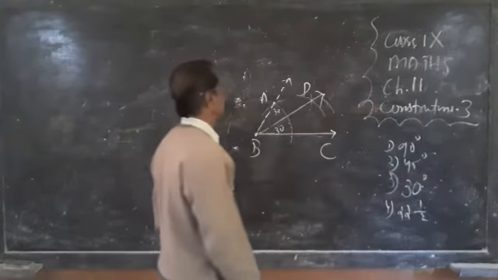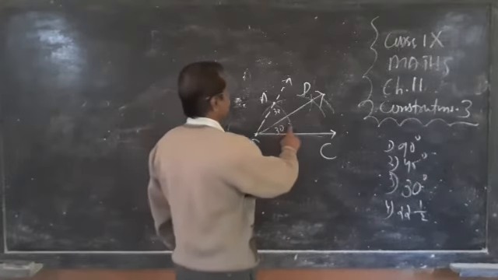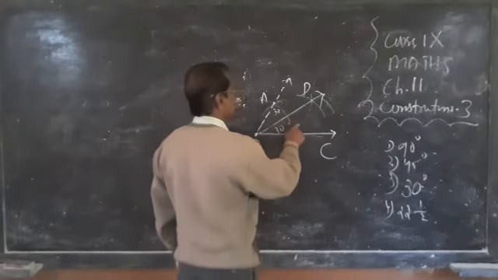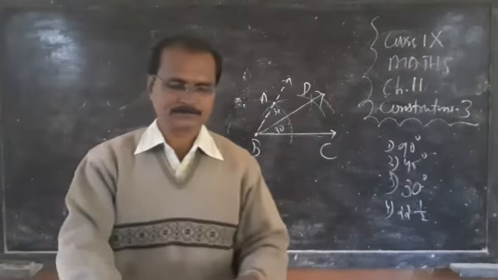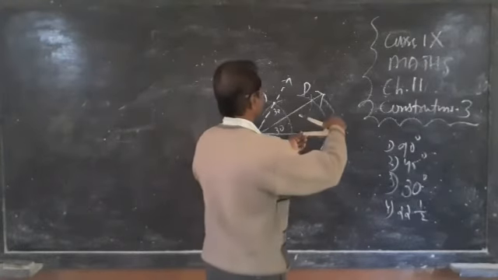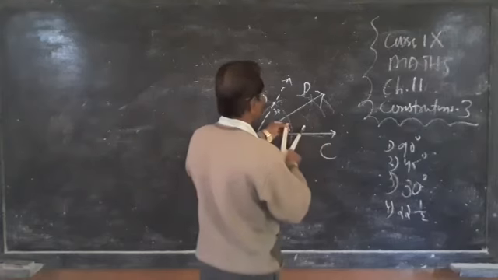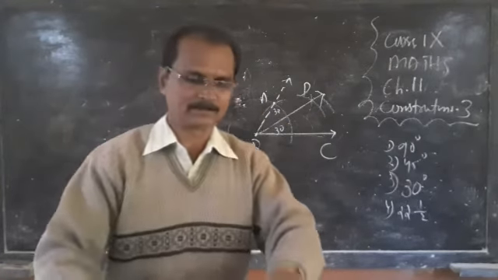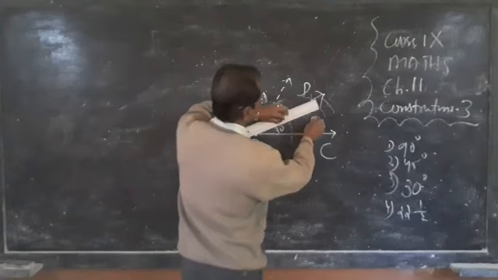Then 22 and a half. This is 30, so you can make half of this 30, that is 15, and make a dotted line there.